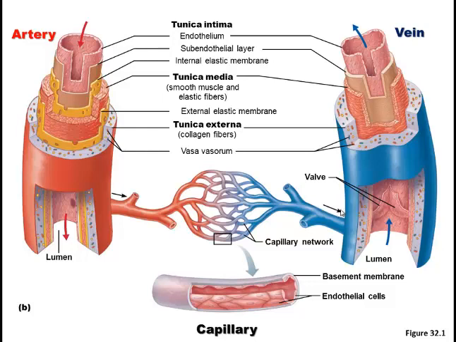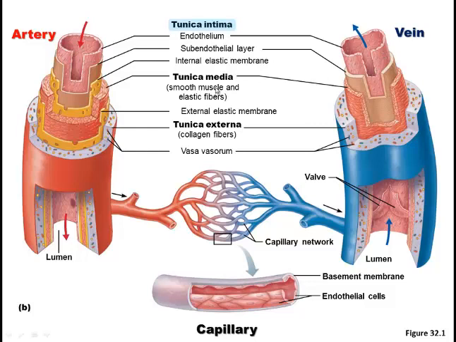If we start at the top of the diagram, at the tunica intima, the innermost layer of tissue, in direct contact with the blood in the lumen of the vessel, and go down to the capillary, that capillary is just a layer of endothelial cells. You also see layers of endothelium in the artery and the vein.